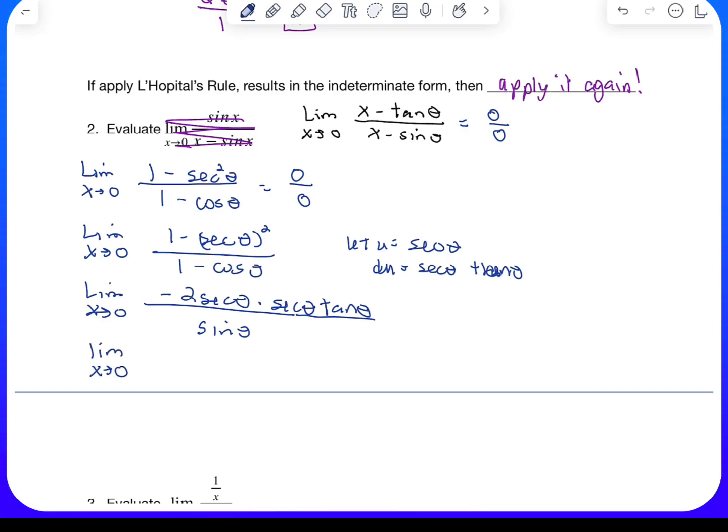Okay, let's try simplifying this down a little bit. So I get negative 2. And remember, secant is 1 over cosine, so that'd be 1 over cosine squared. And then tangent is sine over cosine.